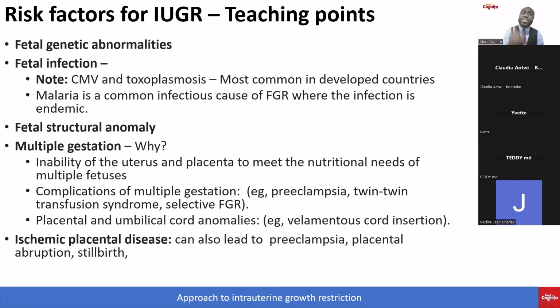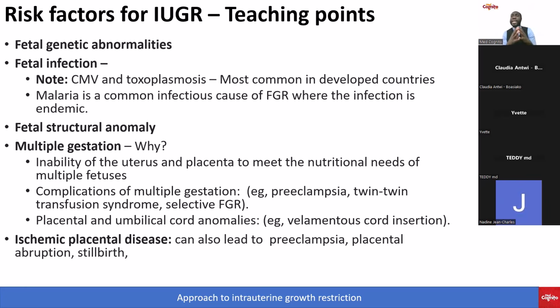Number 2, complications of multiple gestation. Because multiple gestation at times predisposes to preeclampsia, twin-to-twin transfusion syndrome, selective fetal growth restriction. So that's also a very critical point. And it could also be that because of the multiple gestation, there's placental and umbilical cord abnormalities. For example, velamentous cord insertion. So these are the reasons why a patient with multiple gestation can have a baby with IUGR.